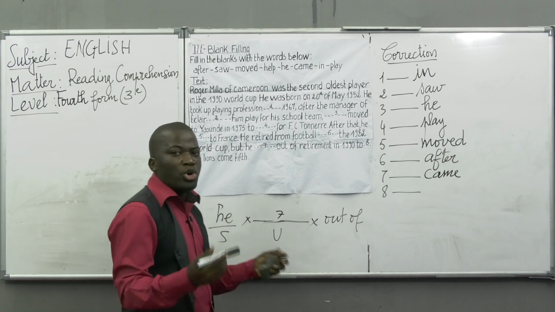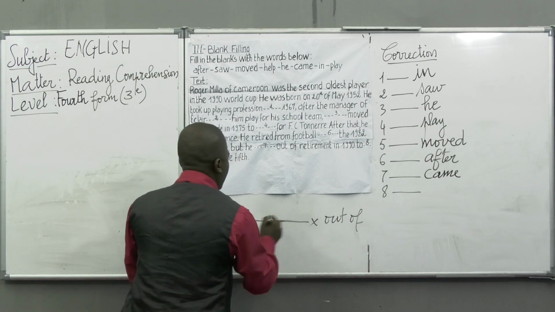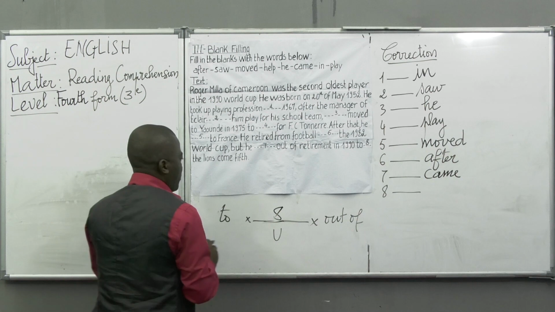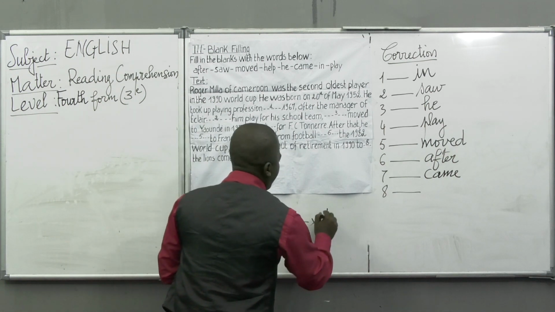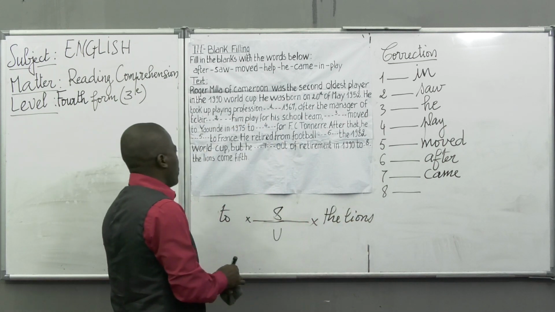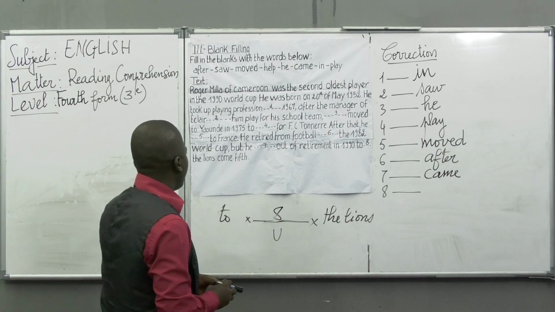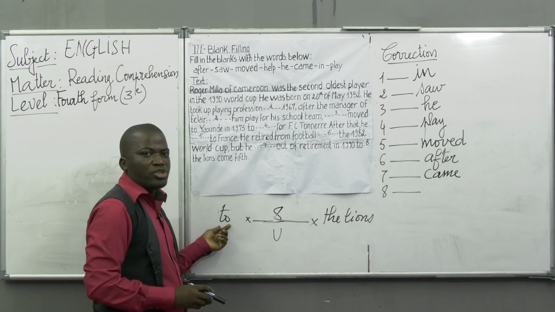Now, the last word remaining. Number 8. Before we have to, after we have the Lions. It's a football team. In French they say les Lions. Then, before we have to, a preposition.